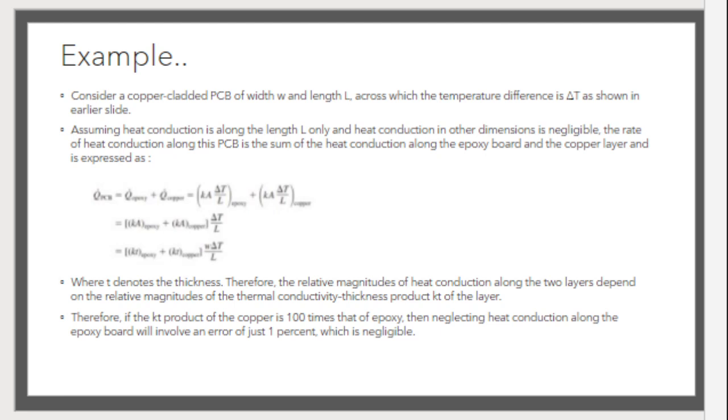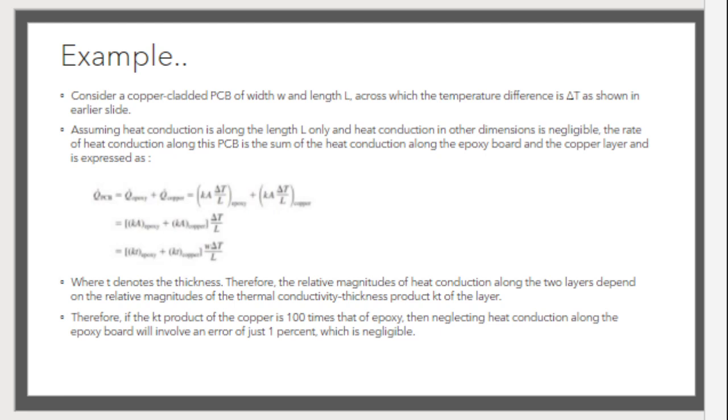We can solve the equation further as k A delta T by L for epoxy plus k A delta T by L for copper. Upon further solving, it comes out to be (kt of epoxy plus kt of copper) multiplied by W delta T by L. Here t denotes the thickness.